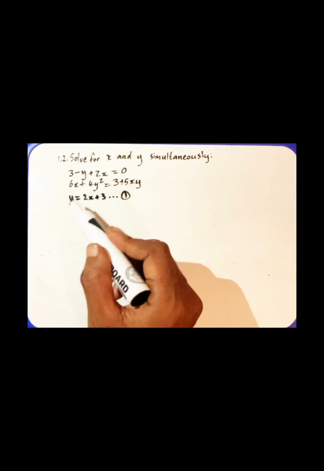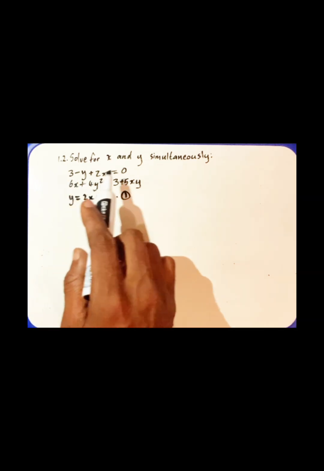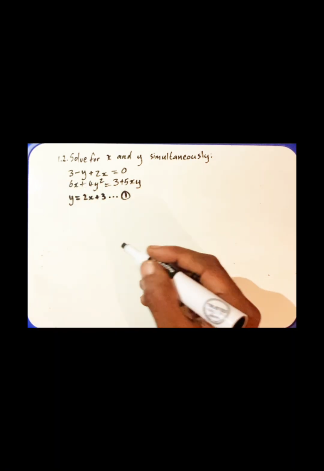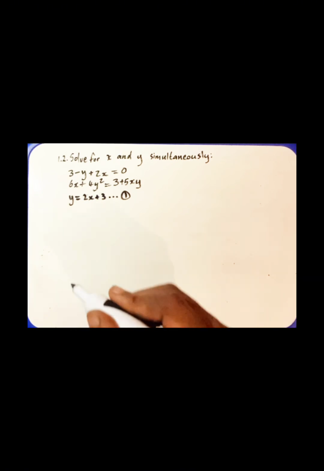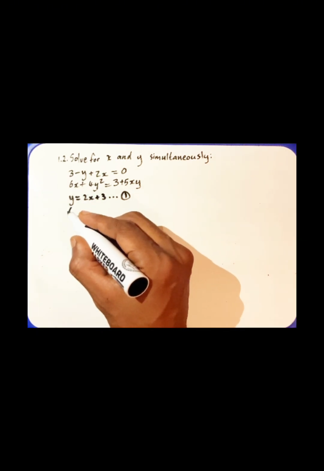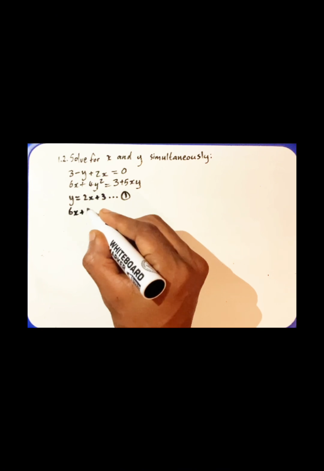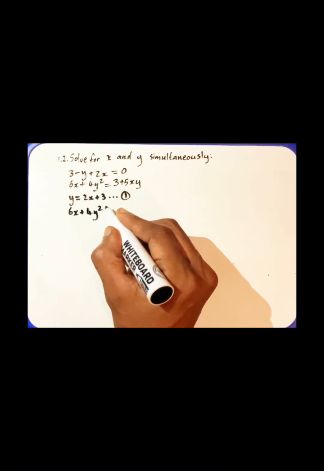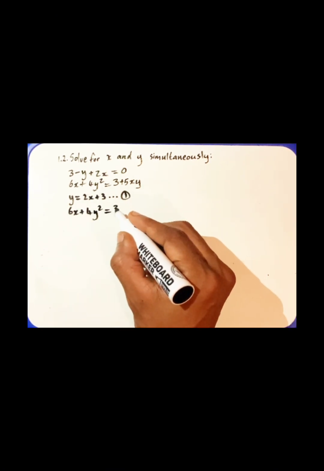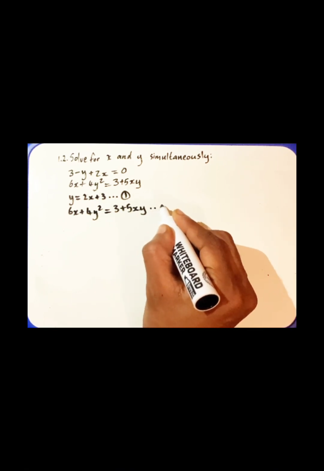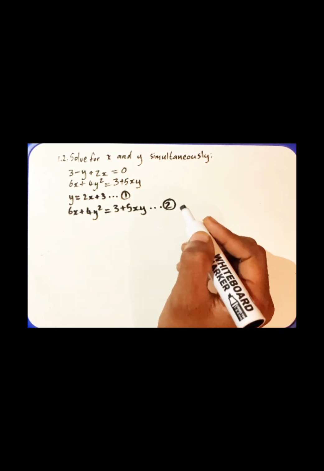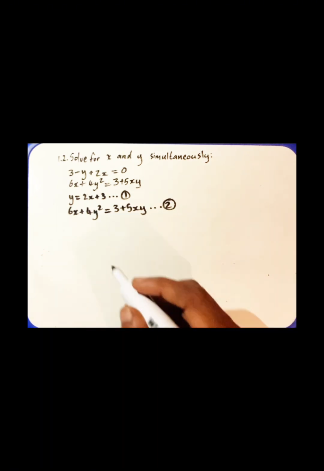What we have done here is we just rearranged this equation. Now the second equation stays the same, you don't have to change anything here. We will call it equation 2.